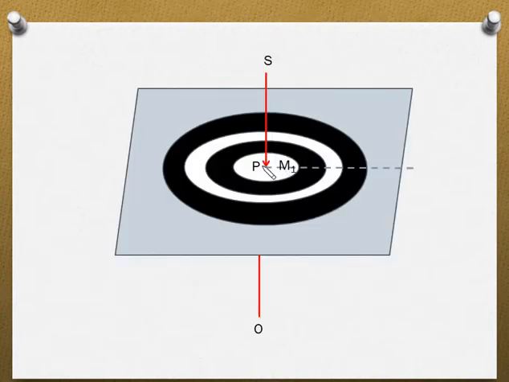As I said, this is the perpendicular plane, and this is S, and this is the point of observation. Now this point is M1, and again the cut point with the second circle is M2, then the cut point with the third circle is M3, and so on.